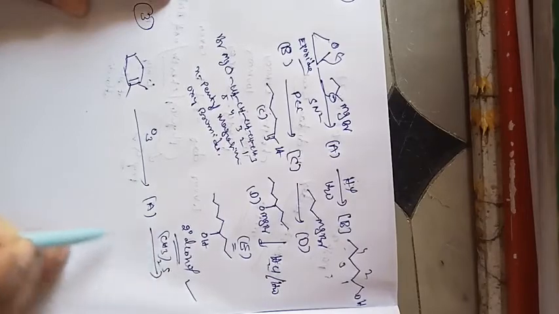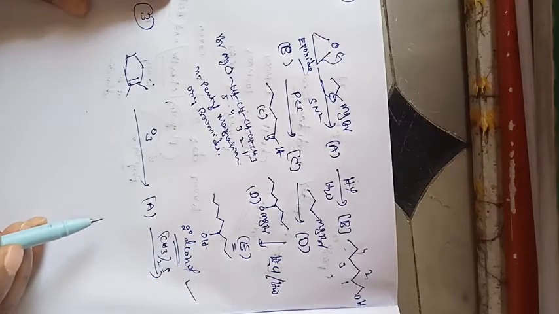third one, for example, alkene is there. So alkenes, first one ozonolysis, A product, again dimethyl sulfide and B product.